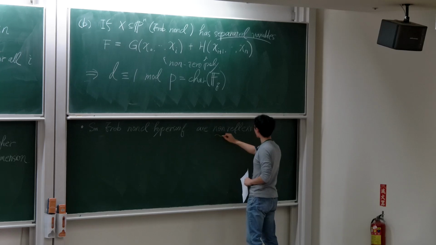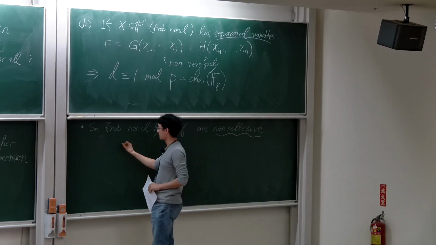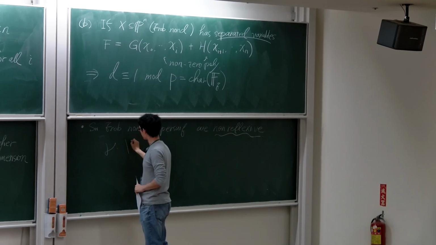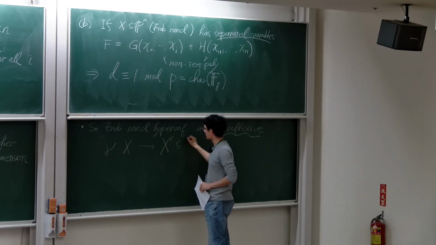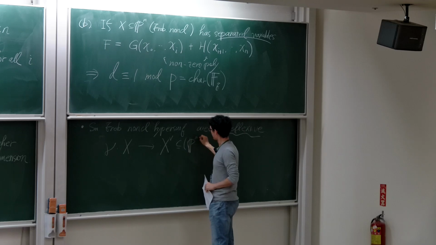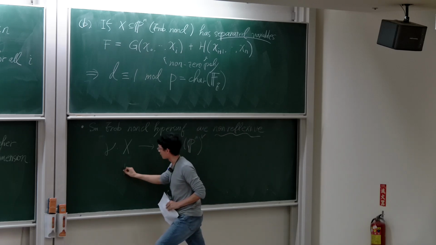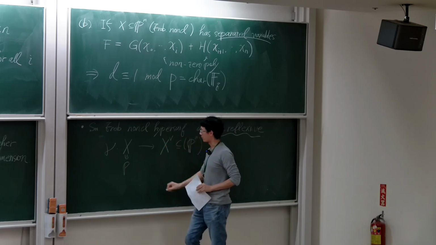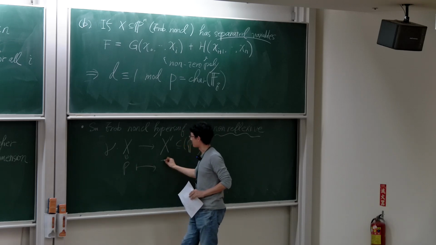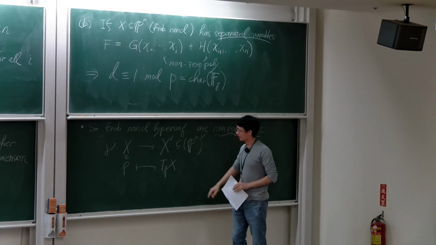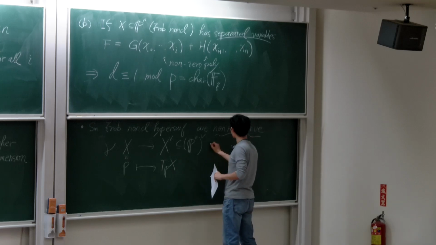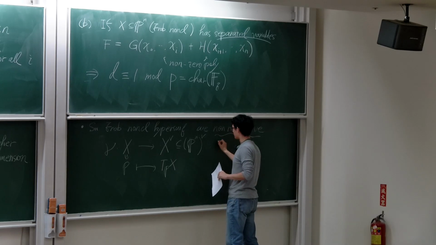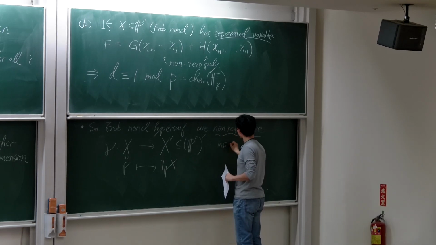Non-reflexive here means that if you consider the Gauss map from X to the dual hypersurface in the dual projective space, which maps any geometric point to the embedded tangent hyperplane to X at P, this map is inseparable.